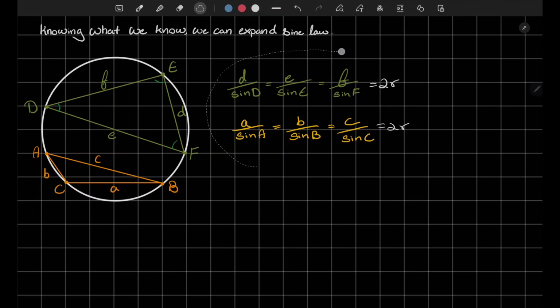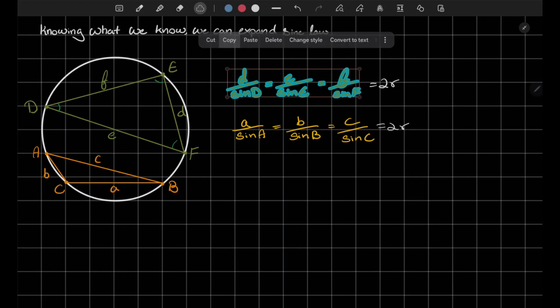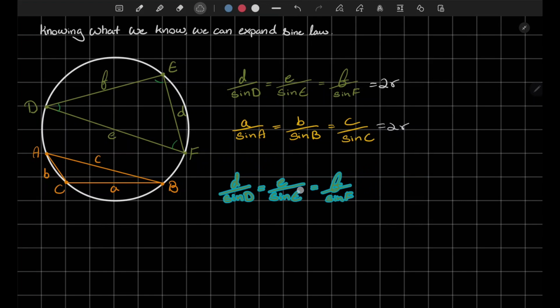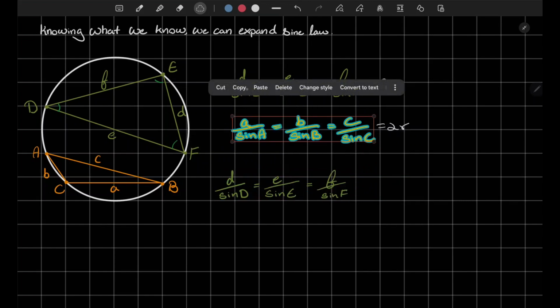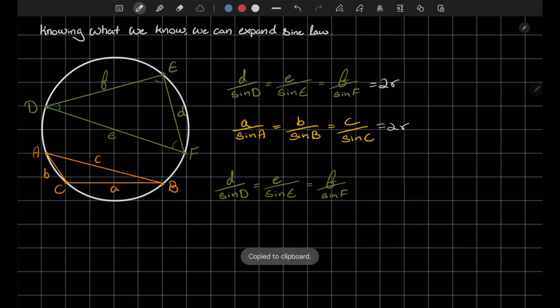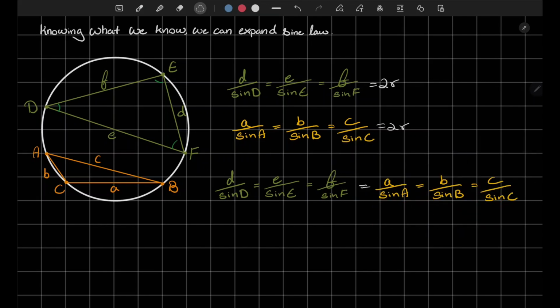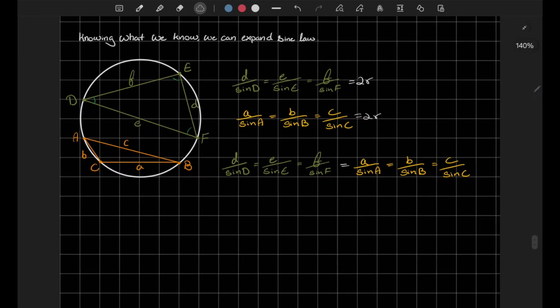So ultimately we can equate these all together. As long as a triangle belongs to that circle, you can draw this equality. And yeah, so this is our sine law, or even our expanded sine law.